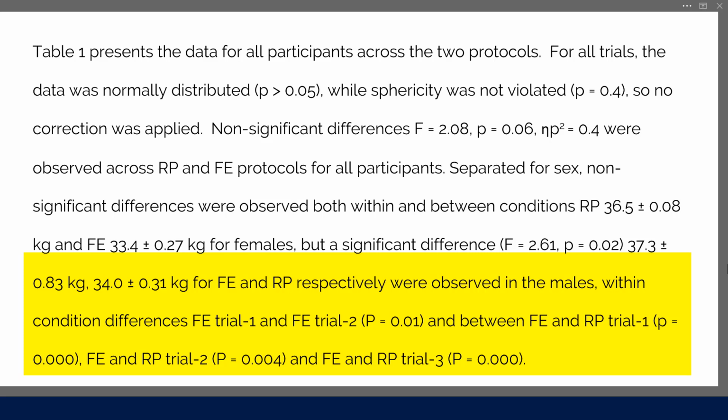Within condition differences: FE trial 1 and FE trial 2. And between FE and RP trial 1, P equals 0.000, FE and RP trial 2, P equals 0.004, and FE and RP trial 3, P equals 0.000.